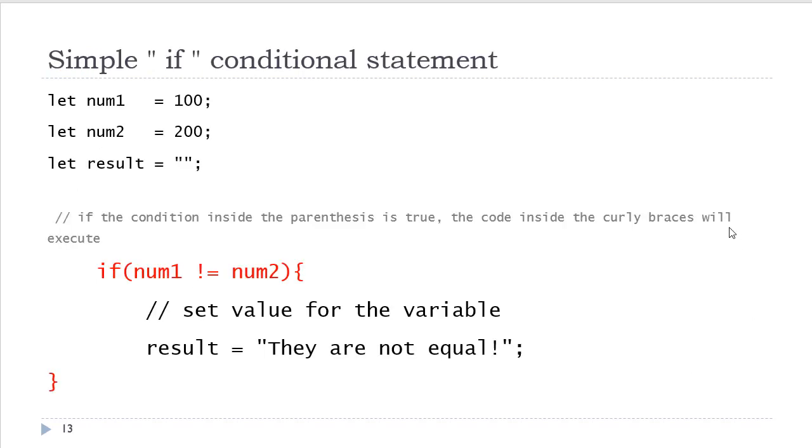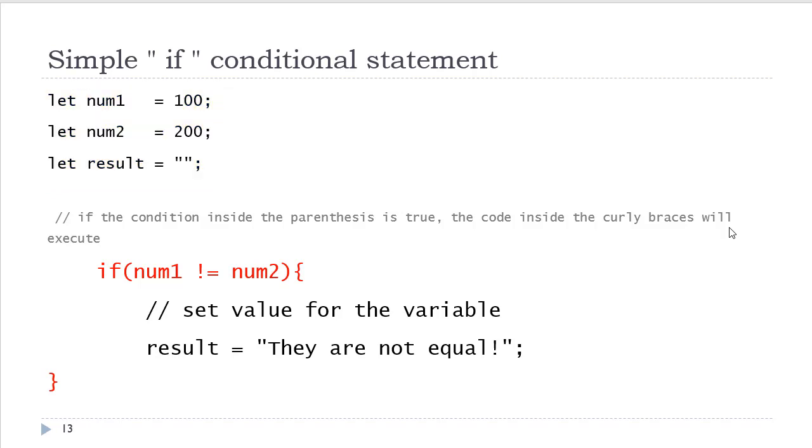Most of the time, you would be using conditional and logical operators with a conditional statement. So we are going to look at two simple conditional statements, the first being a simple if condition. I have 3 variables here. Num1 is 100, num2 is 200. Result is initialized to an empty string because we don't know the value yet.